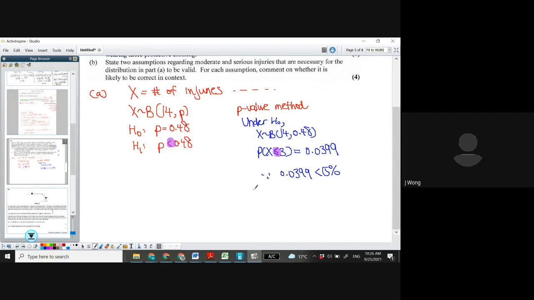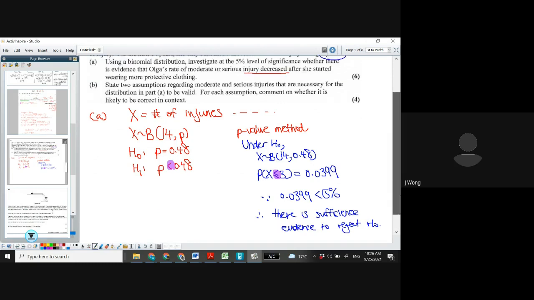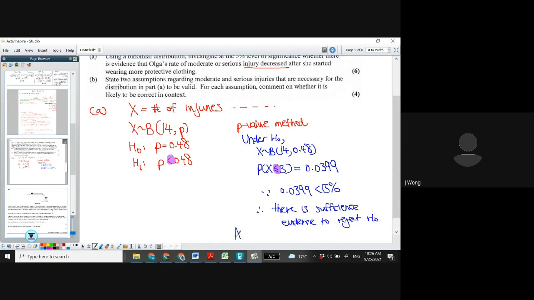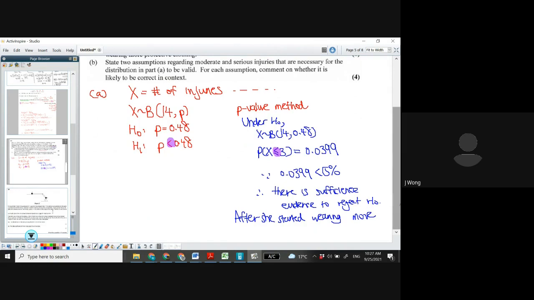So here you're going to say that there is sufficient evidence to reject H naught, and then you conclude with one sentence saying that after she started wearing more protective clothing, her injuries actually reduced. So the damage has reduced.